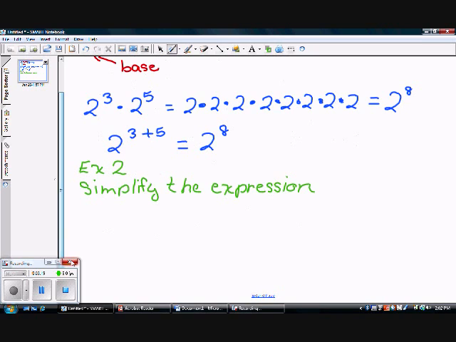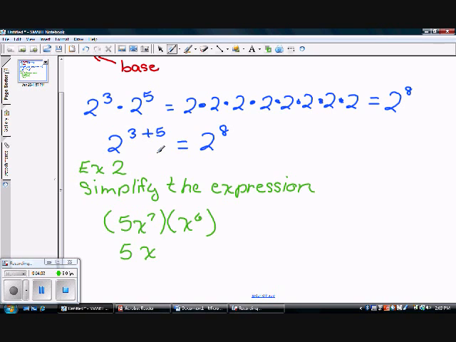Okay, and the problem is 5 times x to the 7th times x to the 6th power. Now, is this 5 an exponent? What is it? What's it called? That's right, it's a coefficient. 5 is the coefficient. This means 5 times x to the 7th, and these parentheses together means it's times x to the 6th.